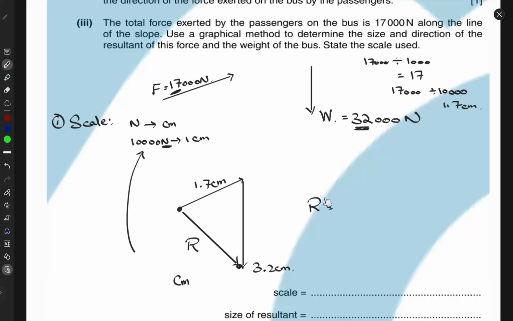So how can I find the resultant vector? Do you understand how we'll find it in centimeters, and then use this scale to convert it into newtons? Is that clear? Yes.